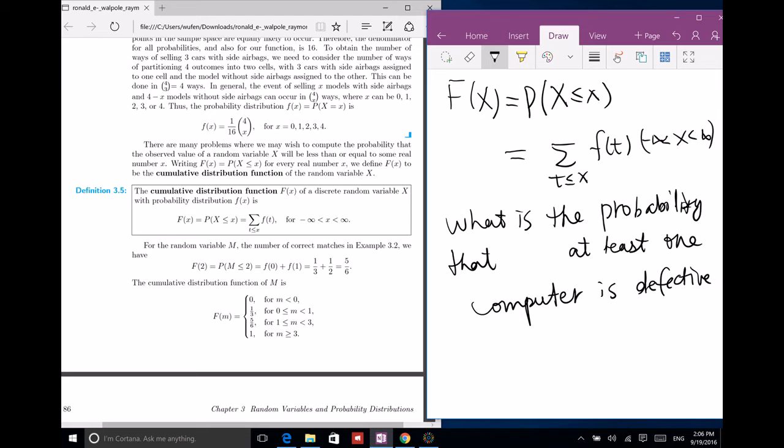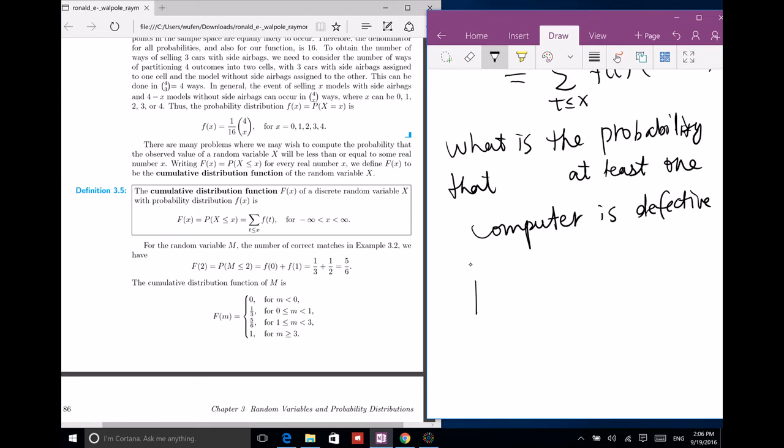You randomly purchase 2. What is the probability that at least one computer is defective? Then you have to do P of x equals 1 plus P of x equals 2, right? You can't contain P of x equals 0.